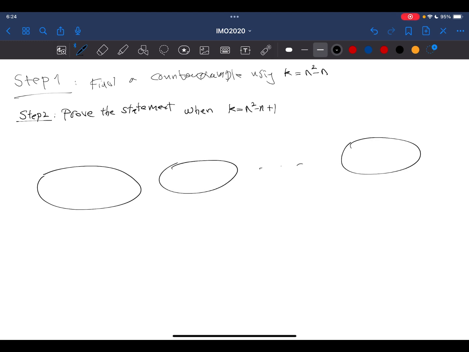Suppose that I divide these checkpoints into n clusters. Assume that this is the direction, and these are the clusters I have. And I'm not saying anything about the number of these clusters. These are just the groups that I have for the checkpoints.